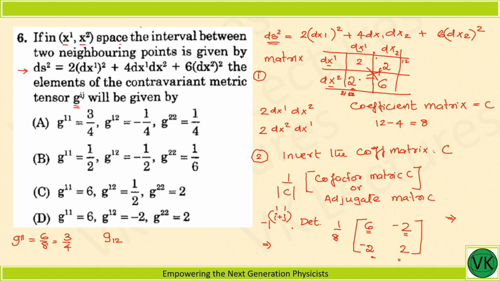G21 is also minus 1 by 4, and G22 is 2 by 8, which is 1 by 4. So these are the contravariant metric tensor Gij, and the option is option A.